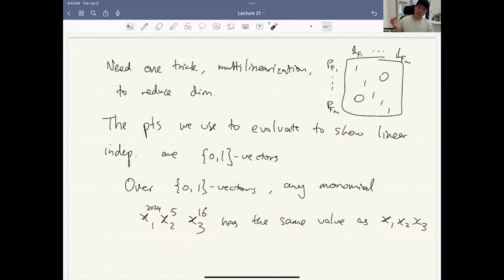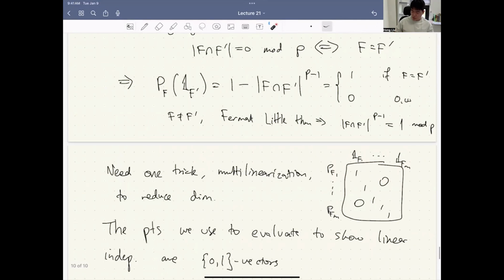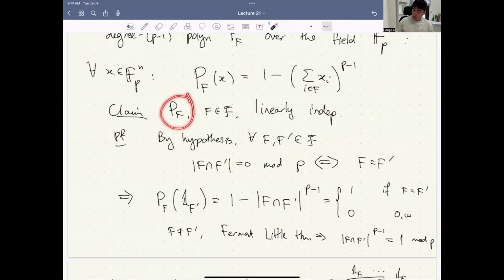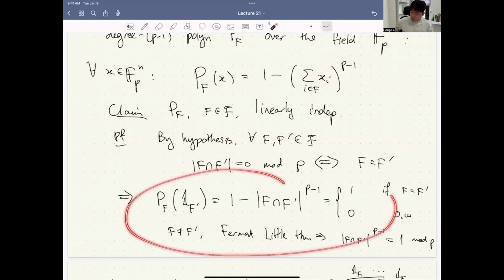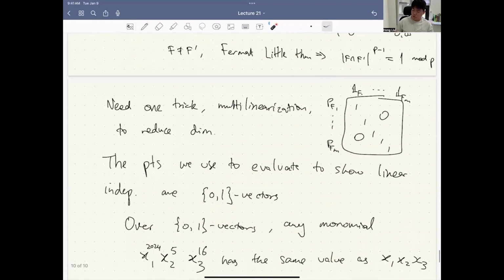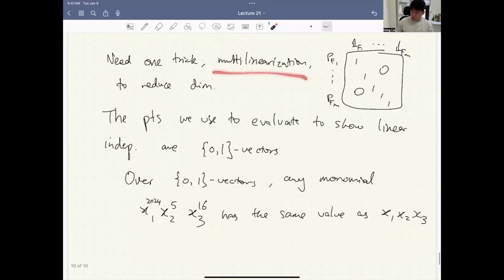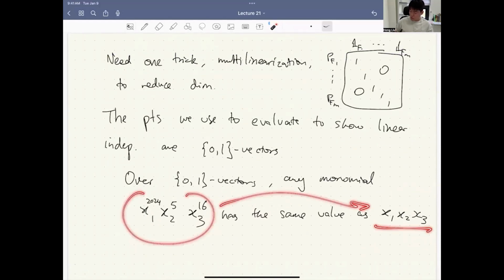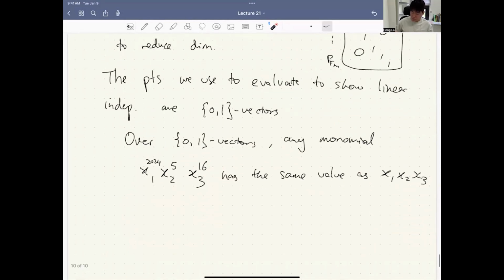That means if you get a new polynomial where whenever you have xi with some non-trivial power, at least 2, you just replace it by a single linear term, then you will not change the evaluation over the characteristic vector sets in the family. In other words, if you do this so-called multilinearization, the new polynomials we obtain are still linearly independent.